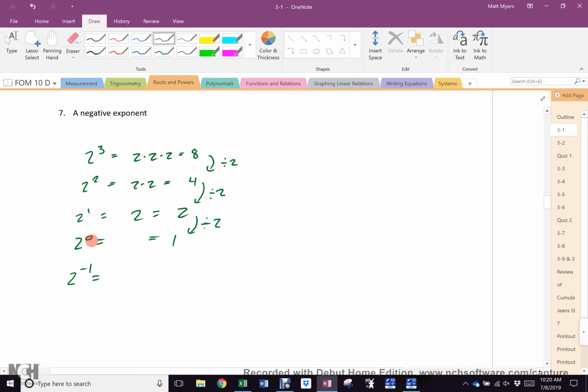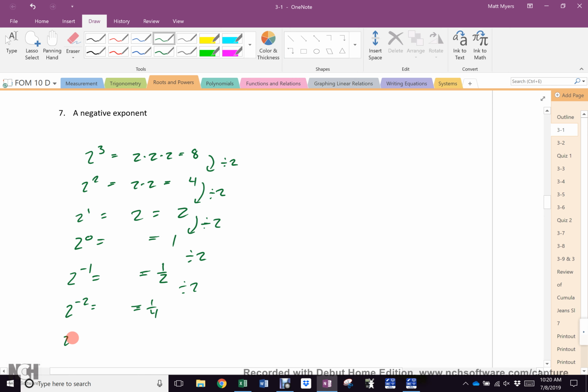But it has to work in our universe, doesn't it? Because we are going down by exponents. It must work. So logically, what must this row be? I must divide by 2, yes? What is 1 divided by 2? 1/2. What is the next logical exponent? Negative 2. Divide by 2. If I cut 1/2 in half, I get 1/4, yes?